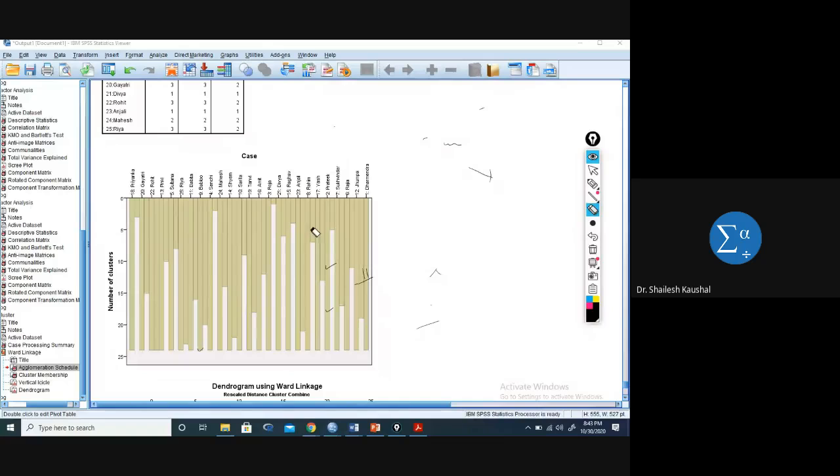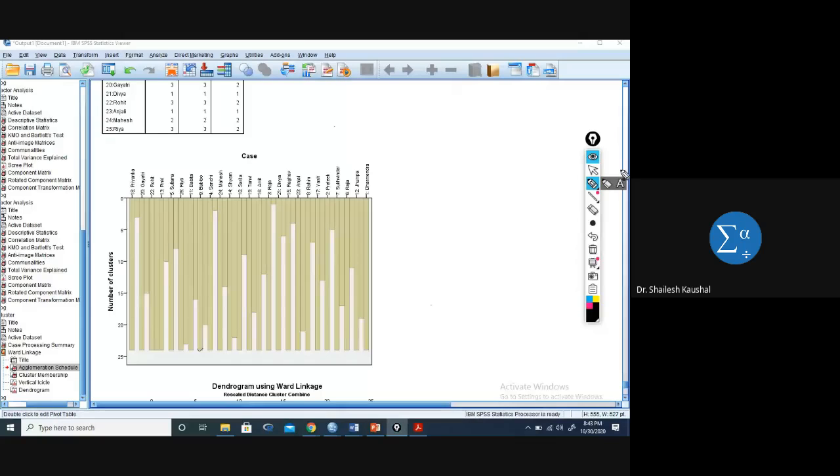Basically in this graph we can see there are some bars, bar 1, 2, 3, many bars here. So we can divide into 2 clusters.